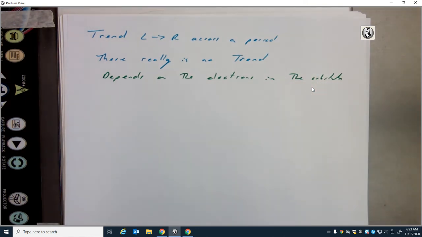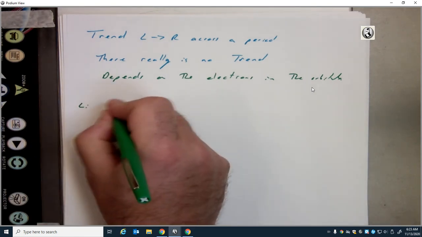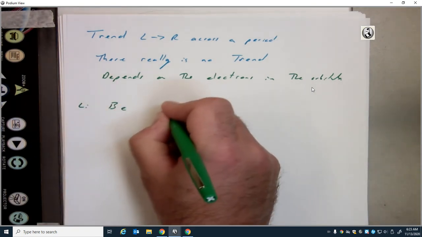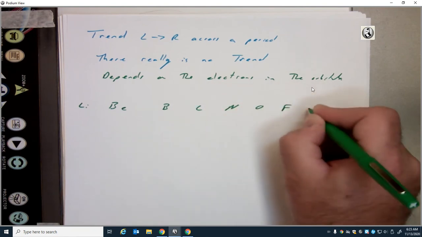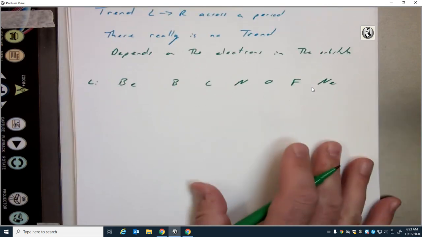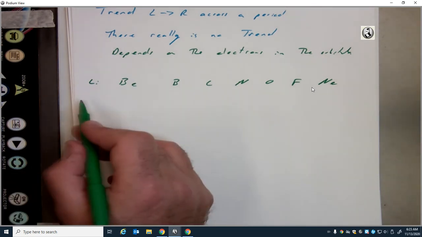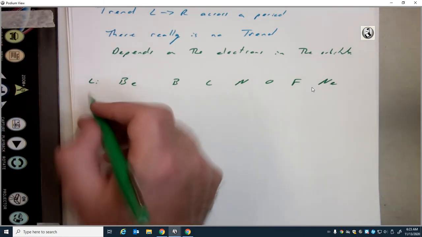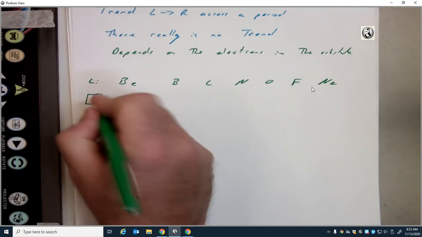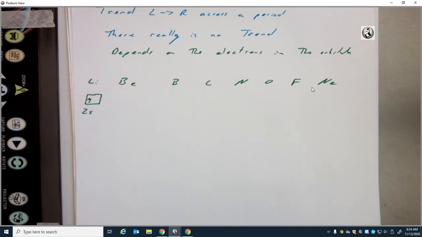So if we look at lithium and beryllium, boron, carbon, nitrogen, oxygen, fluorine, and neon, I want to look at their valence electrons. All right, so we're looking at the second period. For lithium, this would be my 2s orbital. It's got one electron in there.